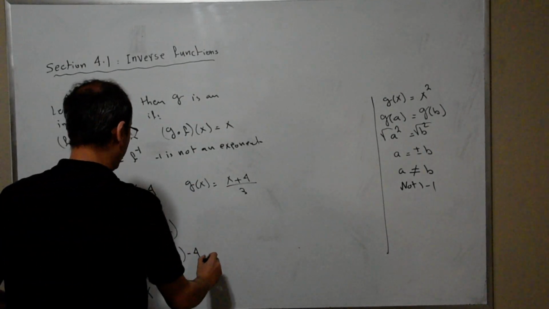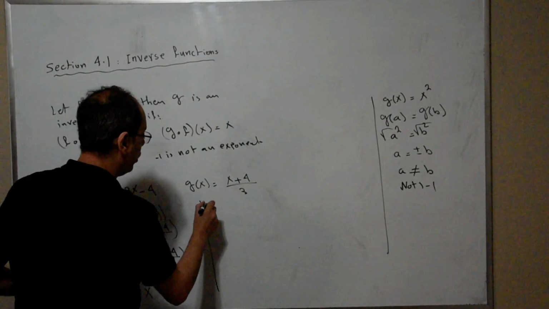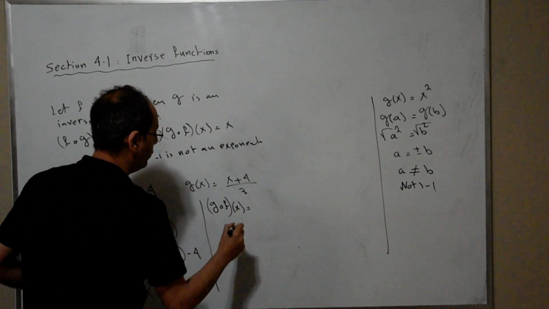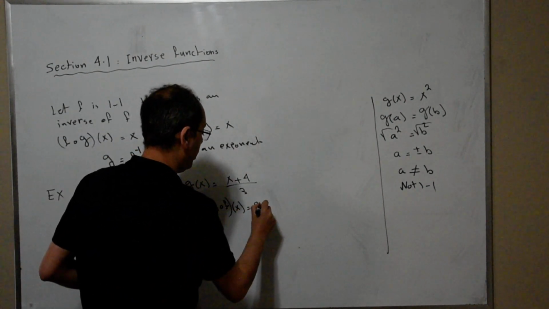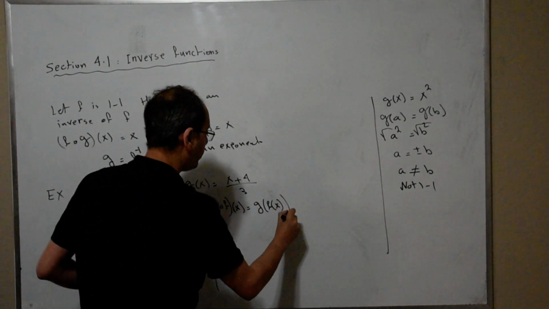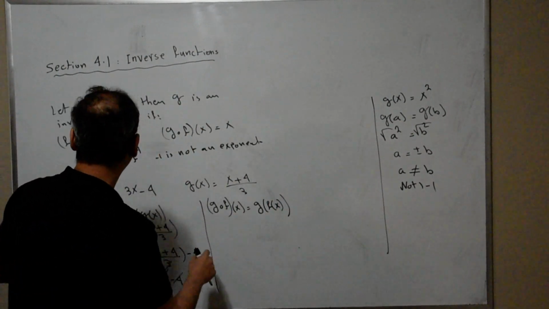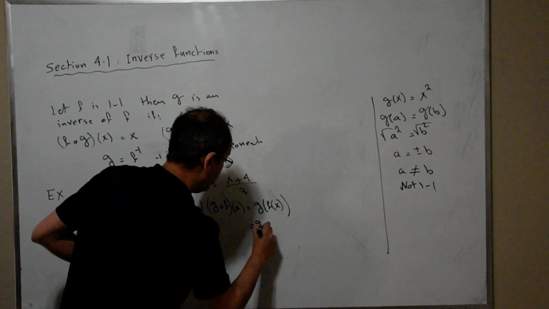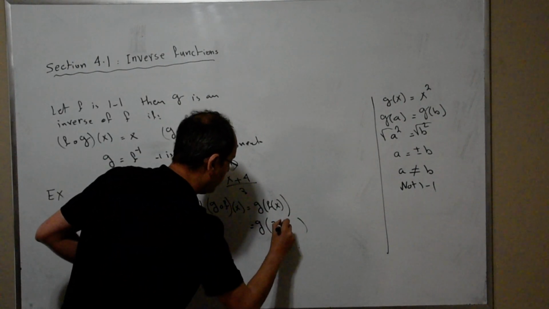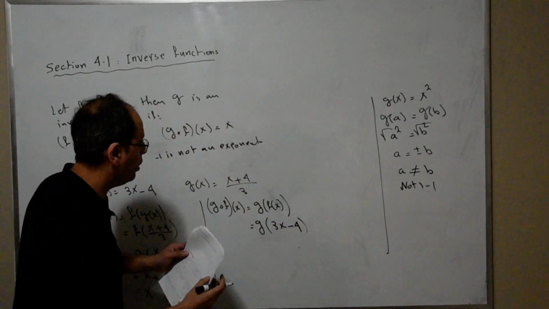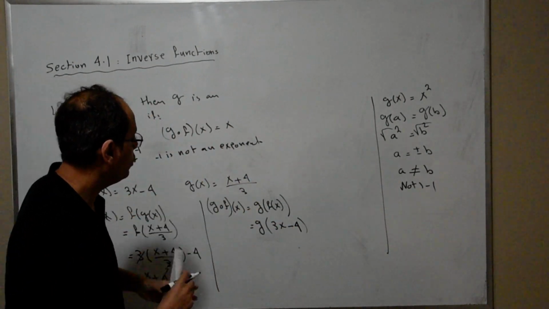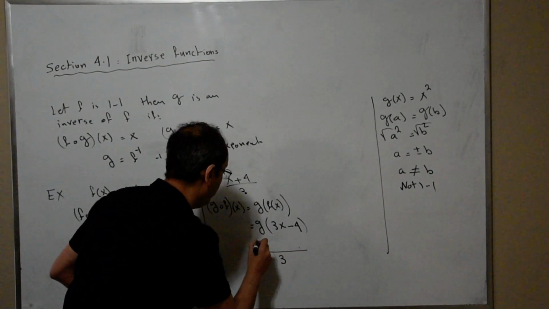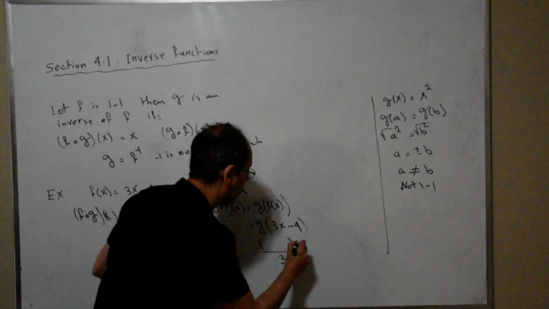I'm going to test the second one, g of f of x. So this is equal to g of f of x. But what is f of x? f of x is 3x minus 4. So I have g of 3x minus 4. And now I put the pattern of g. So the pattern of g is 3, and here is x, and here's plus 4.